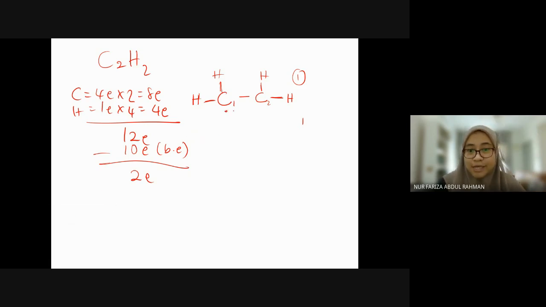Kalau you place 1 each, dua-dua carbon tak octet. But if you place both 2 electrons to one of the carbons, this carbon is now octet, but this one is yet to octet. So jangan pandai-pandai bagikan sama rata, 1 electron, 1 electron.